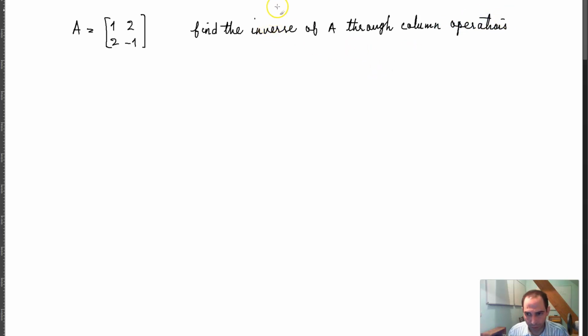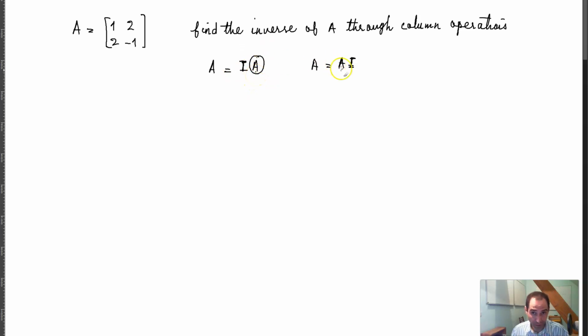So since I want to do it through column operations, what I will do is that I can write my matrix as A is equal to I times A, or I can write it as A is equal to A times I. Since I want to do column operations, the column operations have to be done on the matrix on the right, and the matrix on the right has to be I, not A. Because if I do the column operations on A, then I will have to change A. But that's not what I want to do.